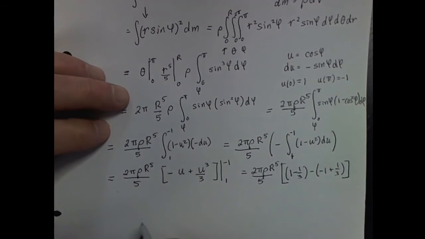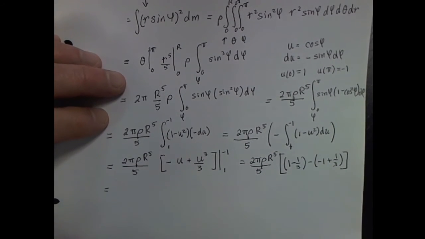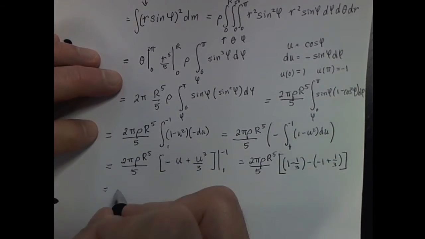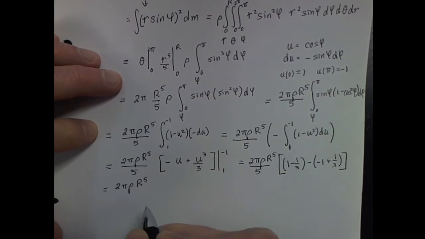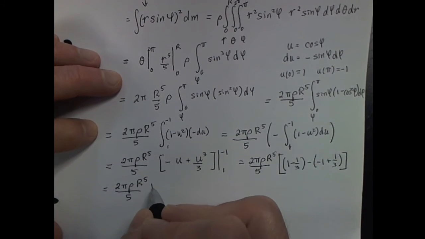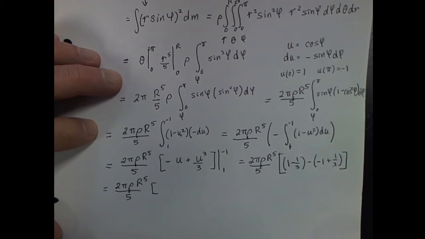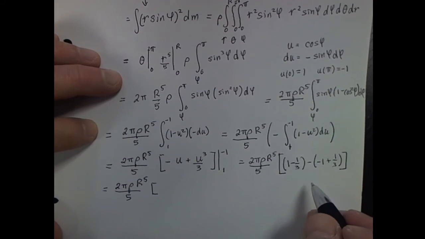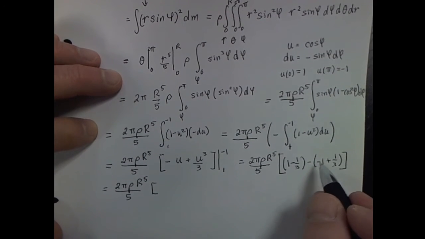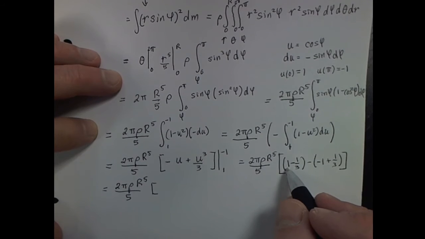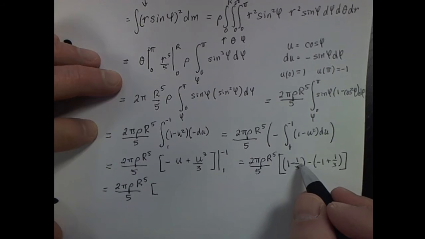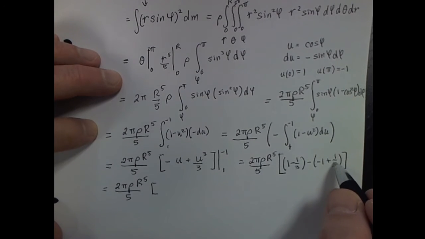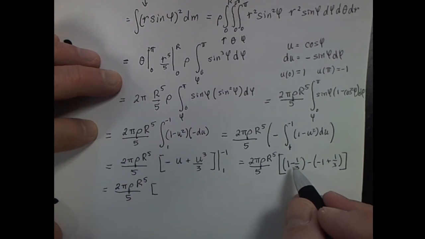All right, so we have 2 pi rho r to the 5th over 5. And in here, let's see, we have this 2, and we have a minus 1/3 and a minus 1/3, that's 2/3.